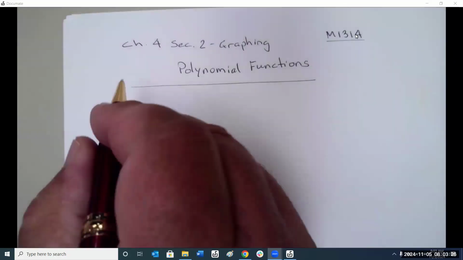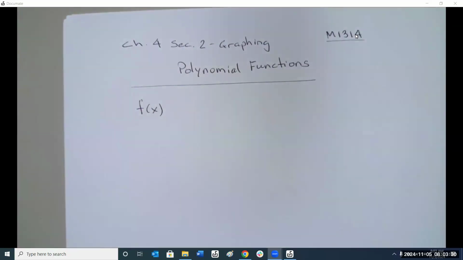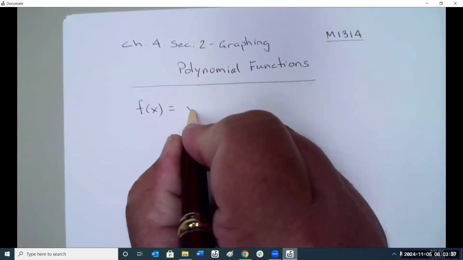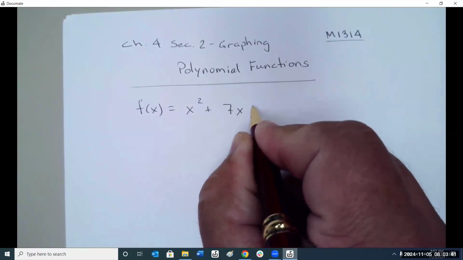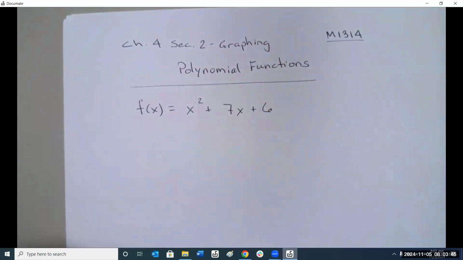So if I gave you an equation, if I gave you a polynomial like this, and I asked you to graph it, what would you do? What do you need to graph a function?